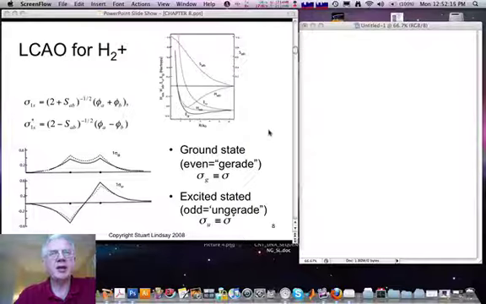In particular, we include in our Hamiltonian now proton-proton repulsion as well as proton-electron attraction, so we can get out the full potential, something we didn't do in Chapter 2, and the effects of the overlap between the states, SAB.